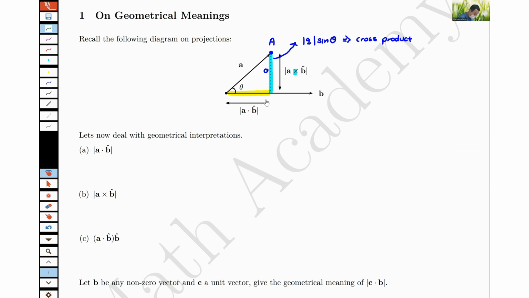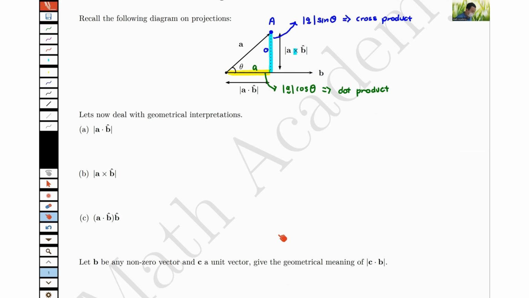Similar for this lower region, because this is the adjacent side with respect to theta. So this is mod A cosine theta. And because it is cosine, we will go for dot product in terms of the equation. So top or vertical one is cross, horizontal one is dot, as per what you have seen before.